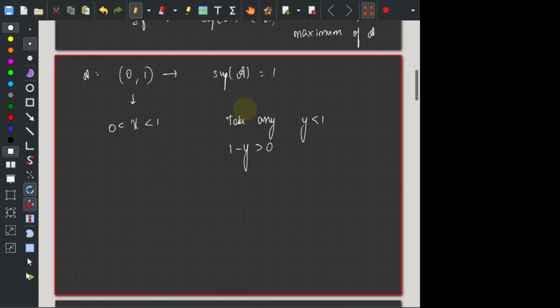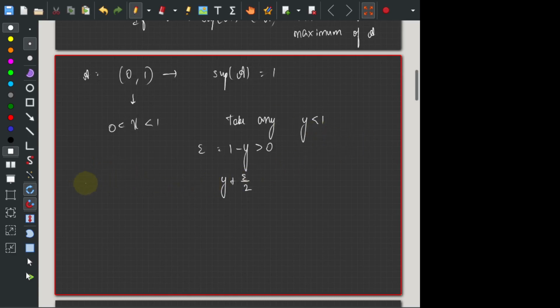Basically, it's not an upper bound for A. So suppose I take 1 minus y. I know that this is greater than 0, by definition. Let me call this some epsilon. What can I say about y plus epsilon by 2?